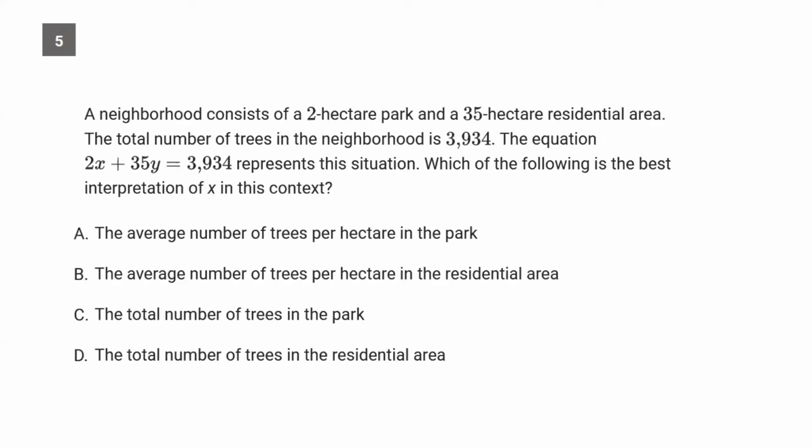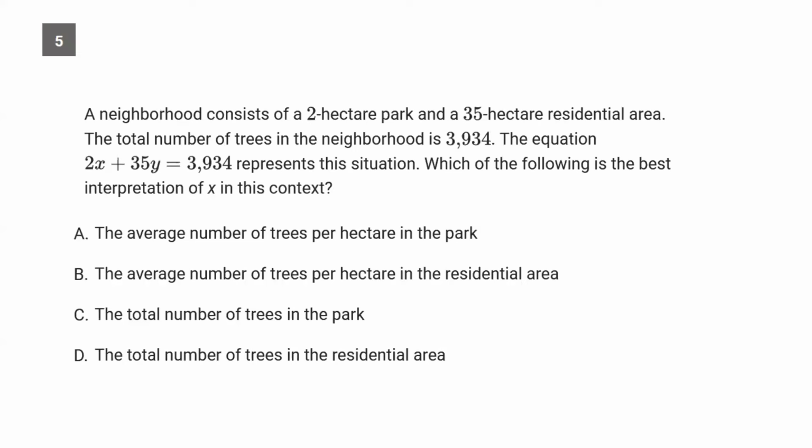Okay. A neighborhood consists of a 2-hectare park and a 35-hectare residential area. The total number of trees in the neighborhood is 3,934. The equation 2x plus 35 equals 3,934 represents the situation. Which of the following is the best interpretation of x in this context? And let's look at the answer choices here.